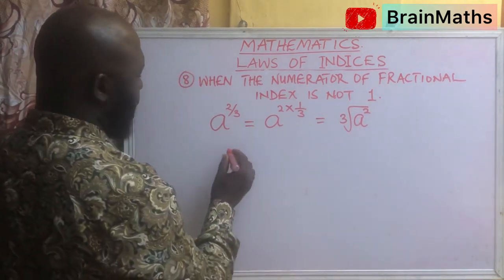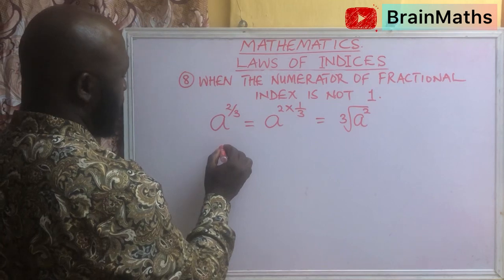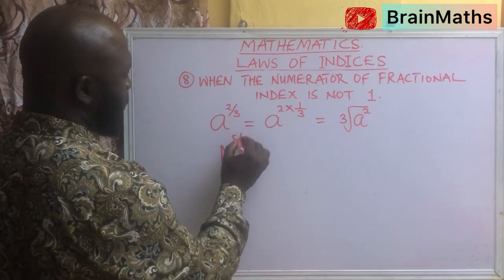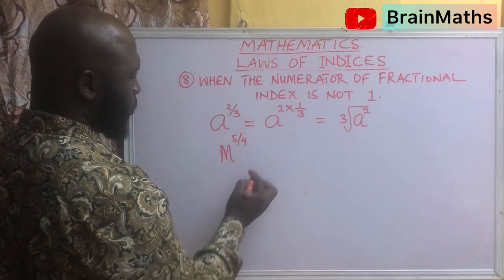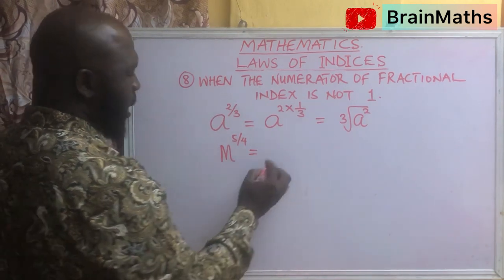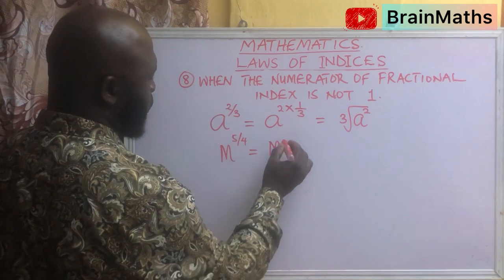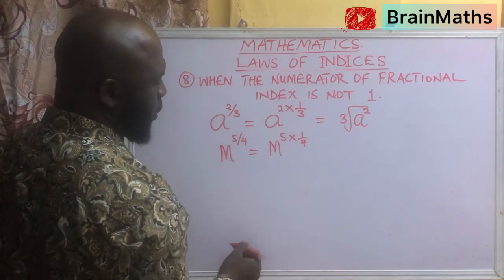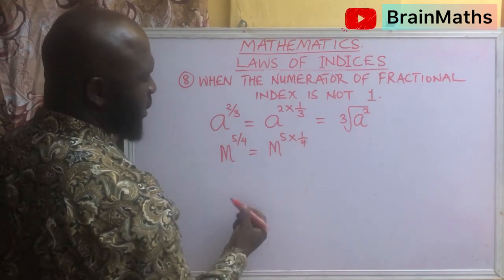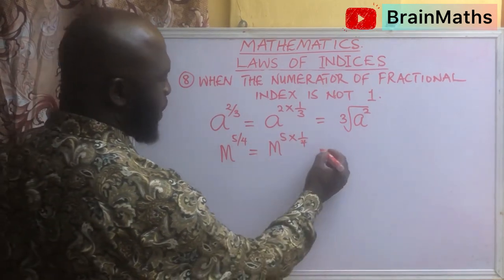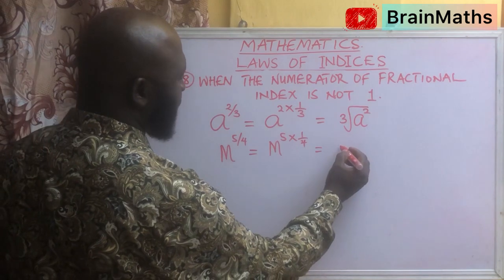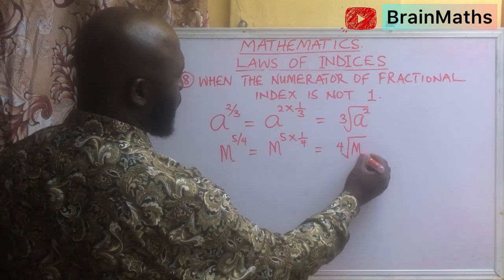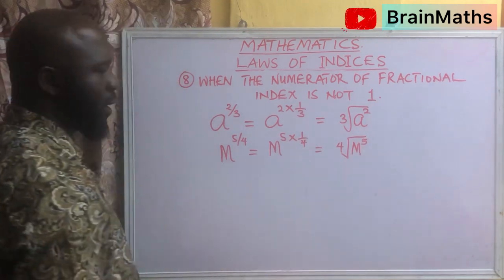Also, if we have m raised to power 5 over 4, this can be rewritten as m raised to power 5 times 1 over 4, and this 1 over 4 is the same thing as the fourth root of m, which is going to imply that we have the fourth root of m raised to power 5.